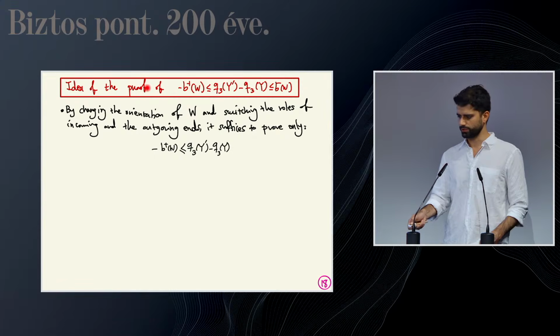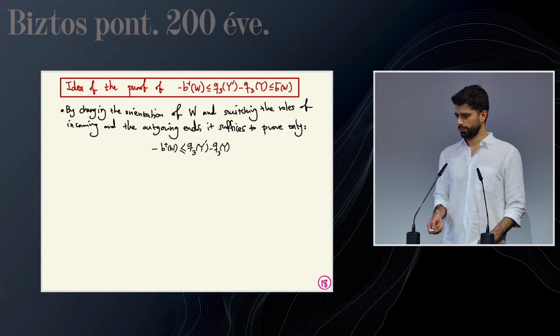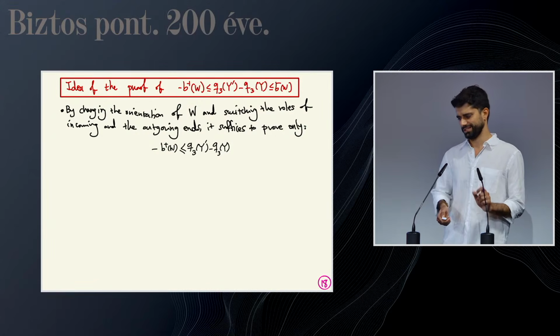One thing that I want to do in the remaining 10 minutes of my talk is give some ideas about the proof of this main inequality. There's a more conceptual proof, which works in full generality, and then there's a simpler proof, which is not as conceptual.